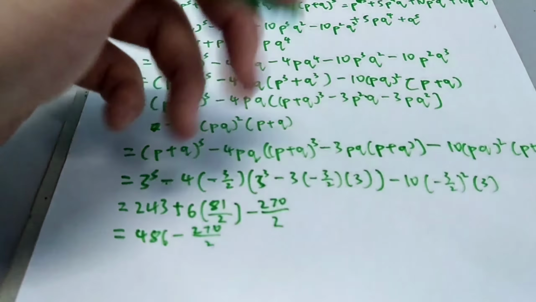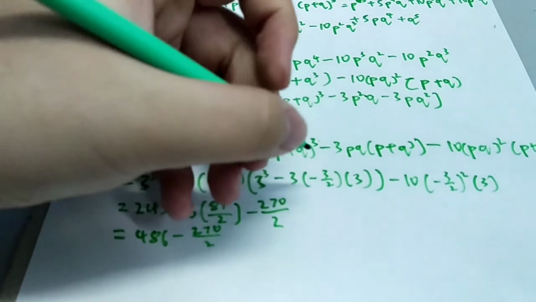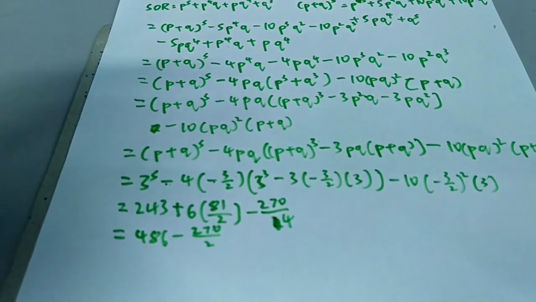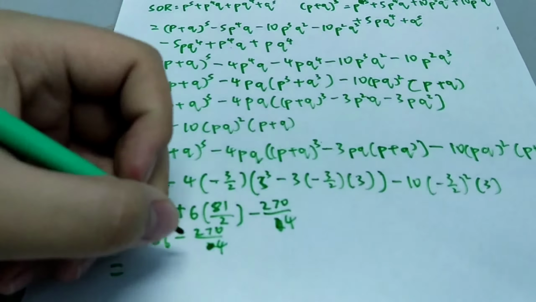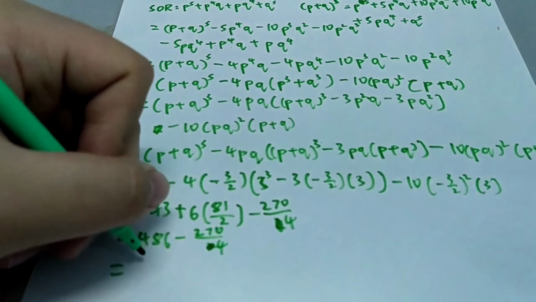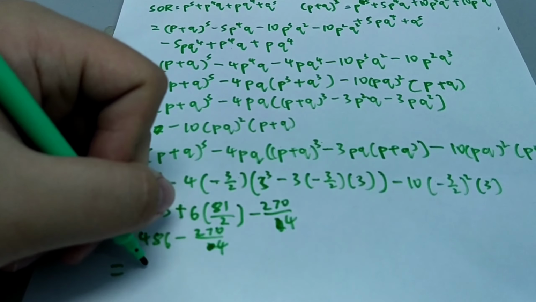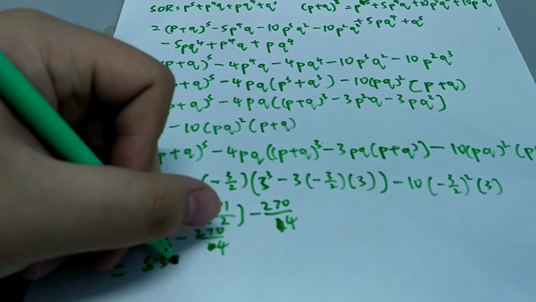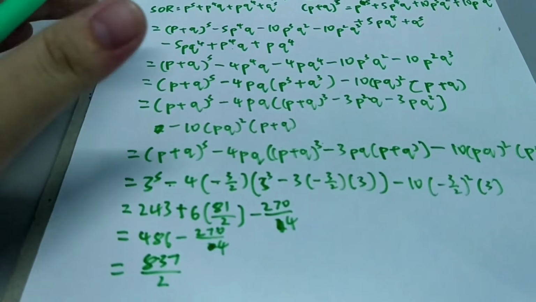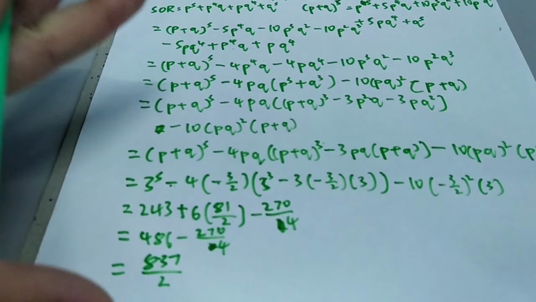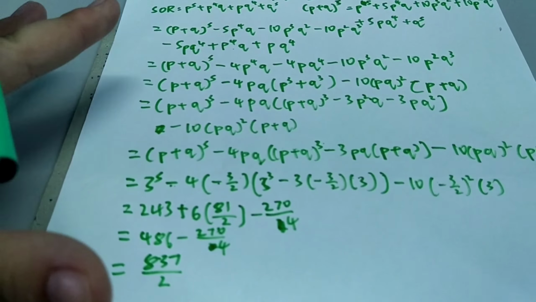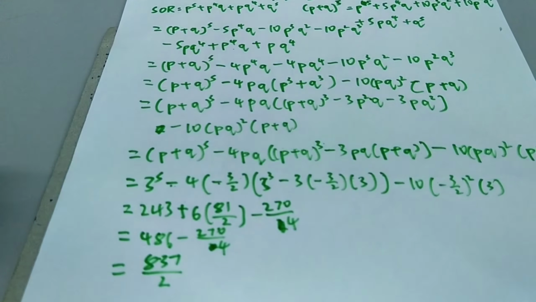Wait guys, sorry, this is not 270 over 2, it should be 270 over 4, which is equal to 837 over 2. So even though the method is different, we still get the same answer.